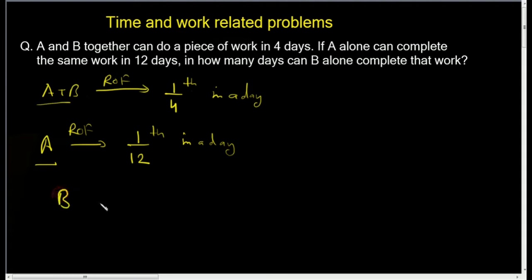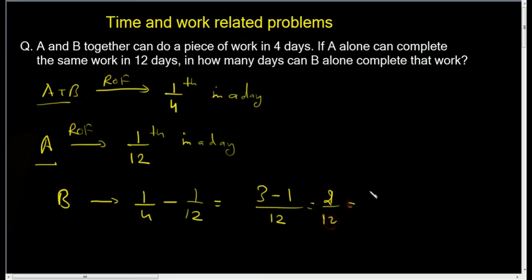So B's work would be just 1 by 4 minus 1 by 12, right? This will be 1 day work of B. So we take the LCM, 3 minus 1, this is 2 by 12, that is 1 by 6. One sixth of total work in a day.